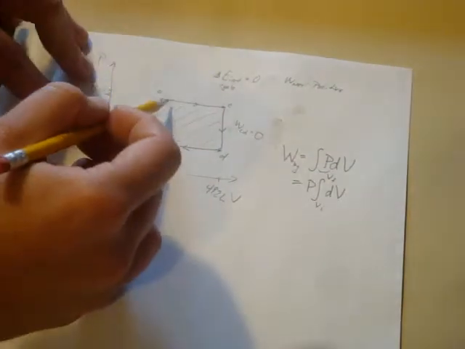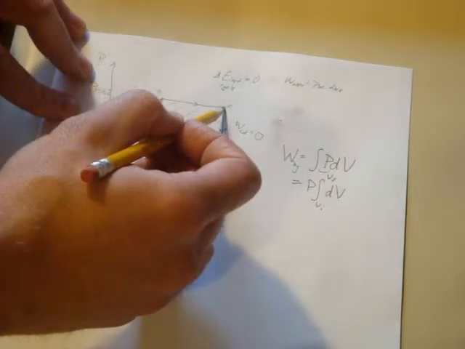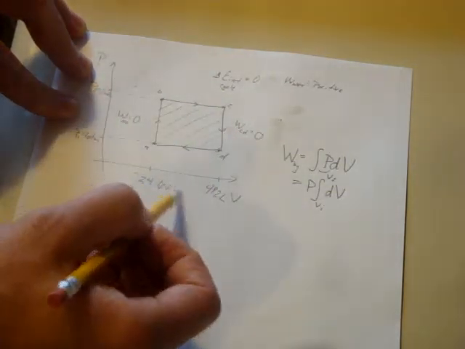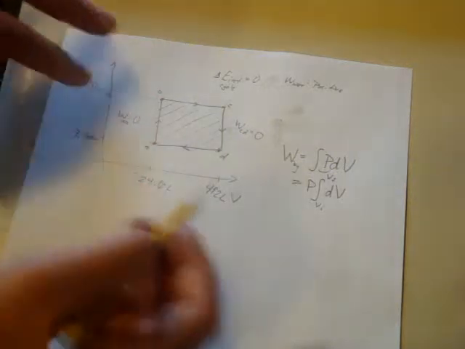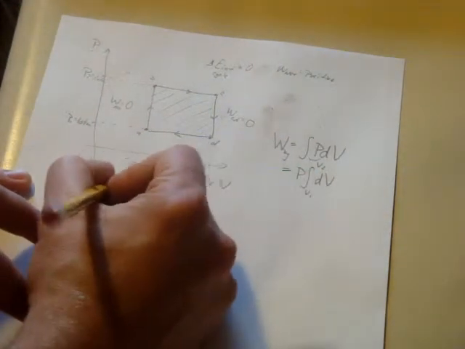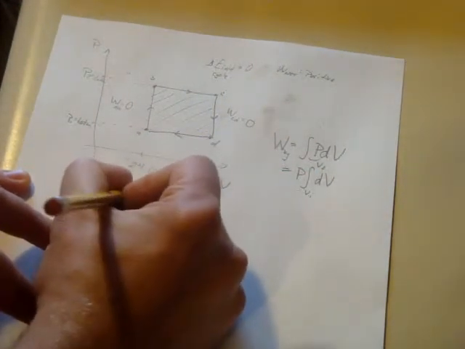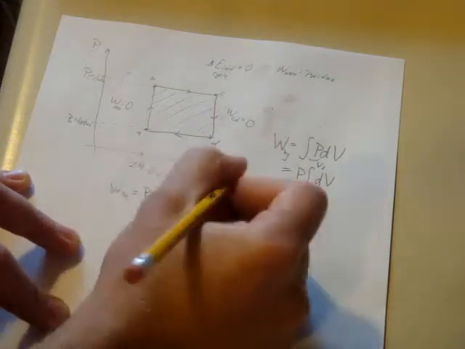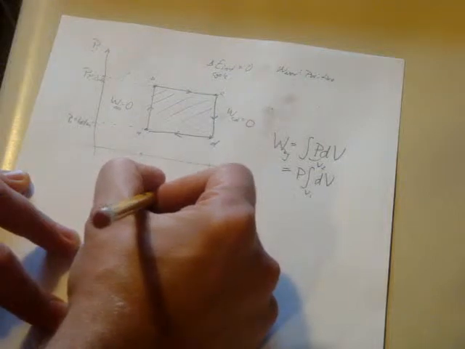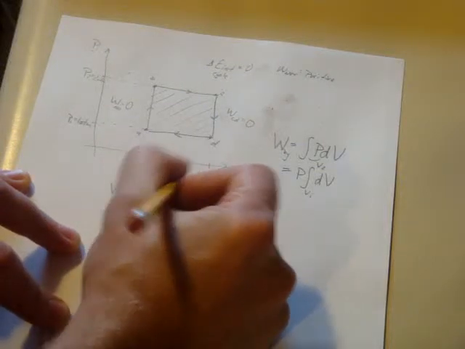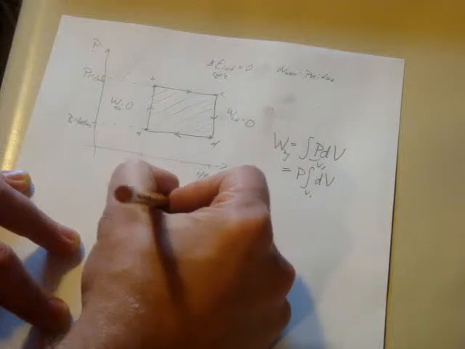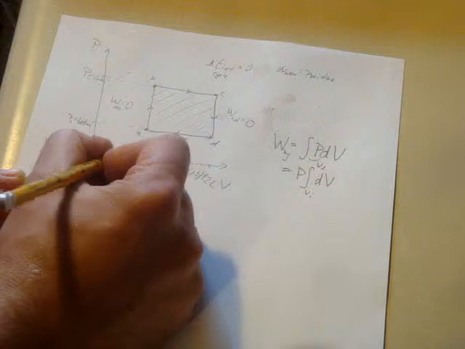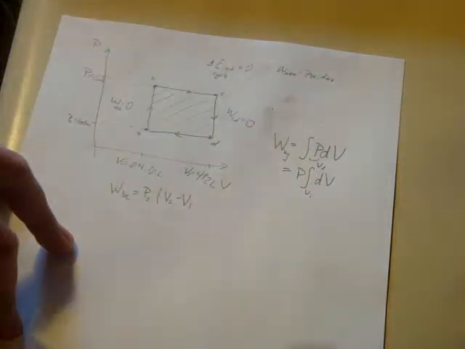And that's going to depend on which direction we're going. Here the final volume is 49.2 liters, and the initial volume is 24.6 liters, and our pressure is 2 atmospheres. So we can plug this in. The work done from B to C is going to be equal to P2, the pressure of 2 atmospheres, times the change in volume, which is V2 minus V1, where V2 is equal to 49.2 and V1 is equal to 24.6.